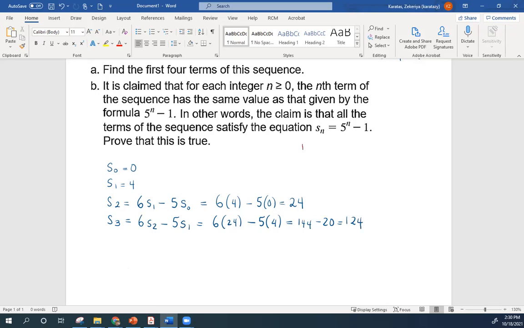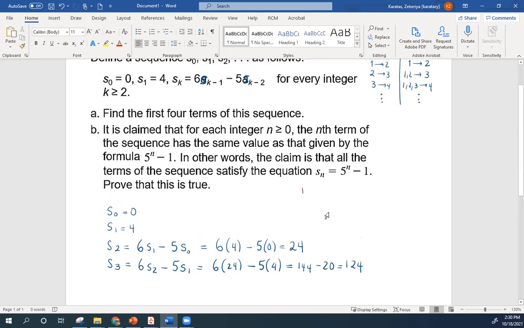Now we will prove this statement. The sequence given at the top is Sn equals 5 to the power n minus 1. This is your statement Pn, okay? I will say this is true for every n greater than or equal to 0.